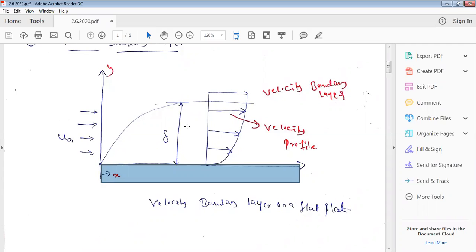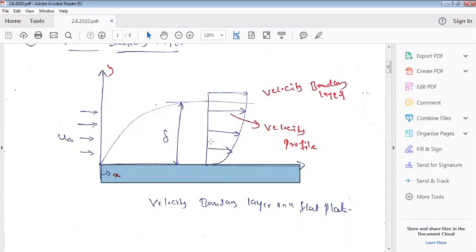In the sense that the air or fluid which is in contact with the plate is going to have some resistance with respect to the surface of the plate. That's why the velocity is very less. When an adjacent layer comes slightly above, the velocity is increased as compared to the layer nearer to the plate.